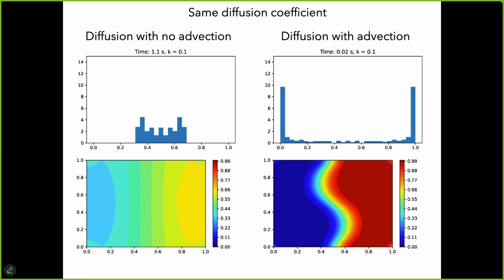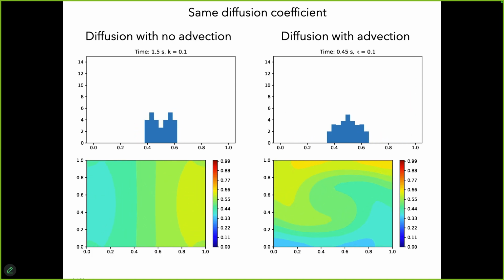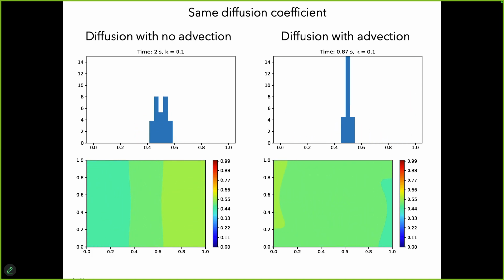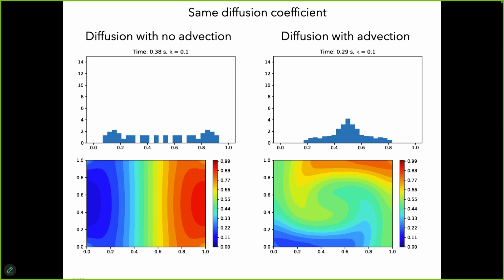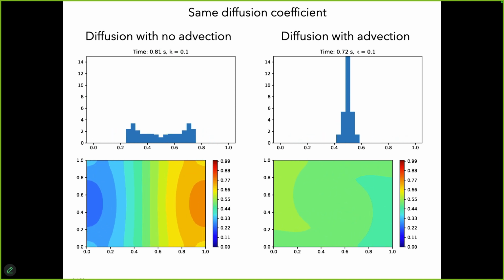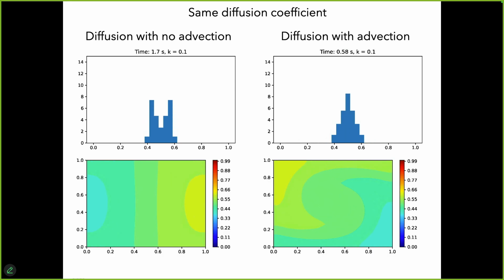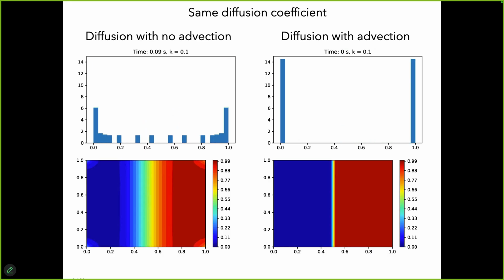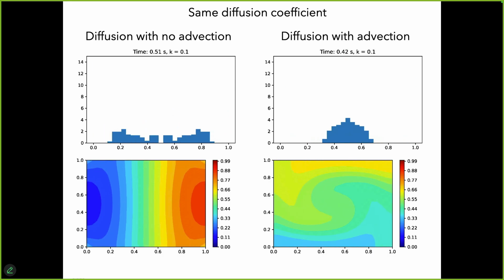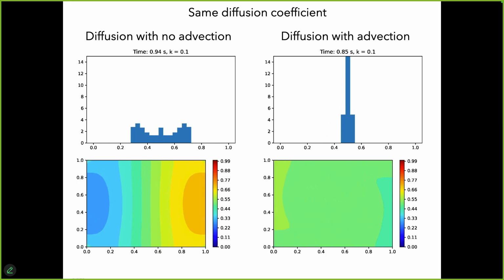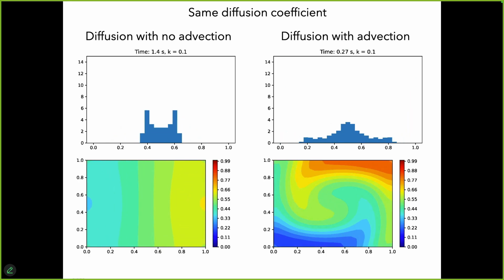What's happening on the right when you are mixing? Advection doesn't mix. Advection just moves things from one part to another. But as it's moving things from one part of the domain to another, it's causing streaks. These streaks have more surface area to diffuse.